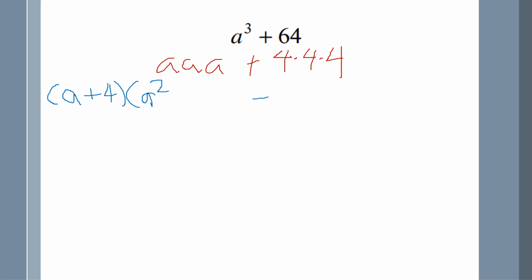And then you're going to use the 2 4's in the front, which is going to be 16, or 4 squared. 4 squared is 16. And then in the middle, you'll multiply 4 times a, which is 4a. But what you're going to do is change your sign. So this is going to be negative.